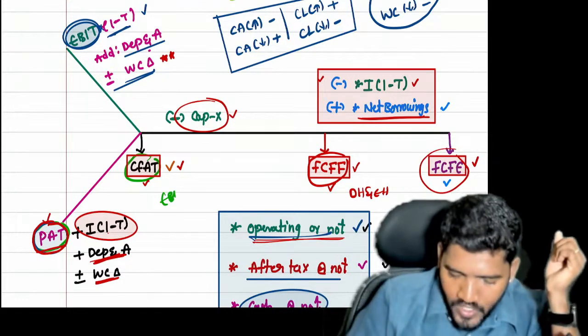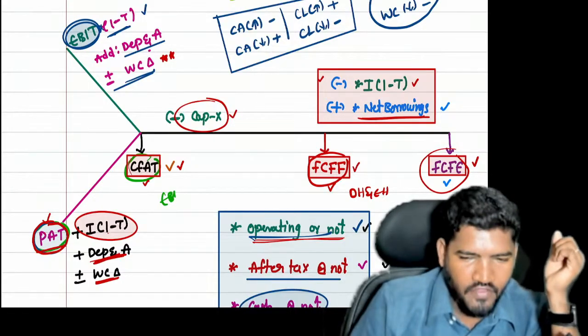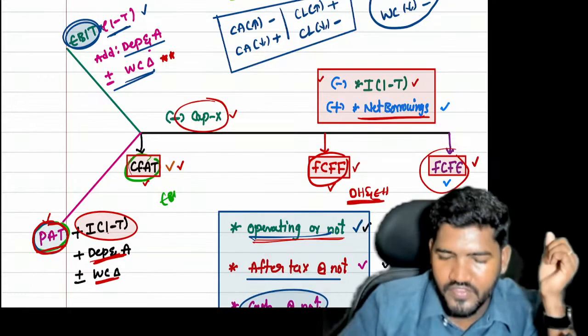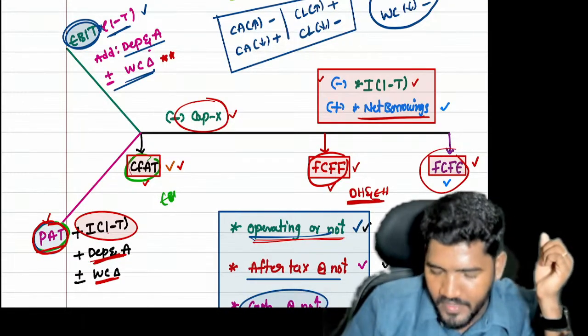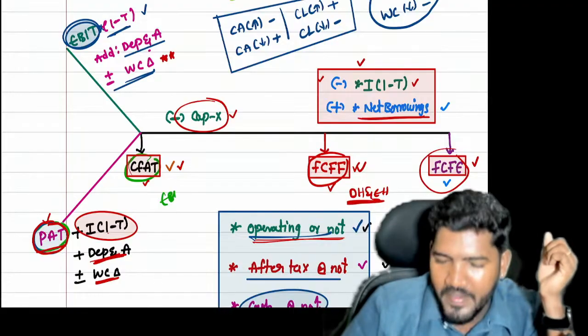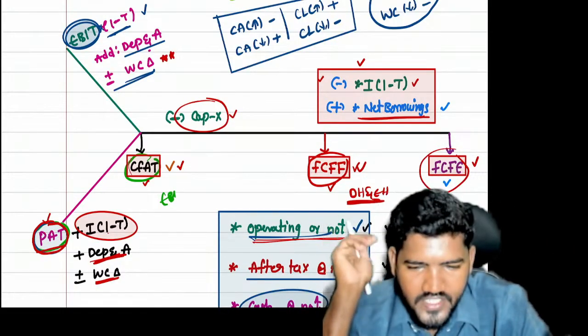That's why we are not deducting before or after CFAT. We are deducting at the time of cash in the hand of the company, in FCFF. That's why we are reducing interest times 1 minus tax and the net borrowings here. Ganesh, you got that point?